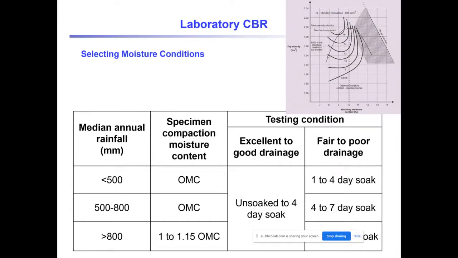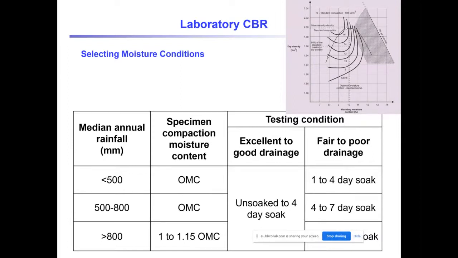About the drainage condition that you need to take into account: if you conduct the test in the laboratory, you need to consider the same testing condition as the moisture condition in the field.